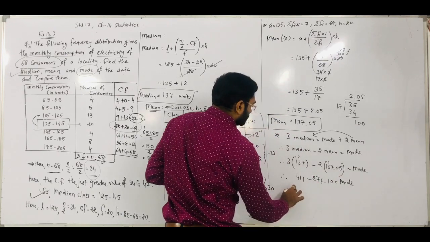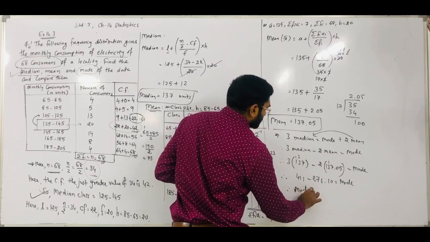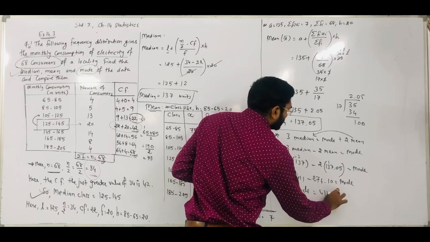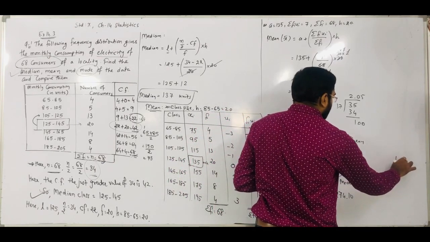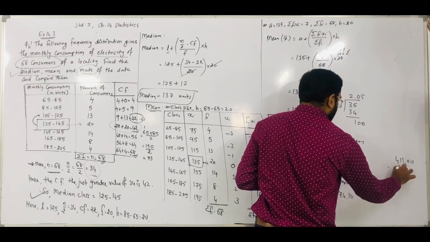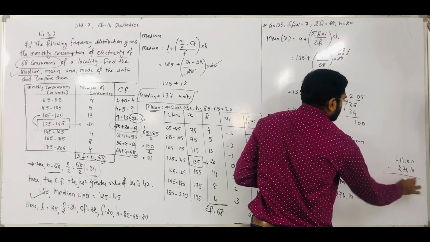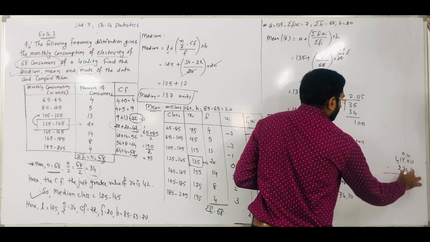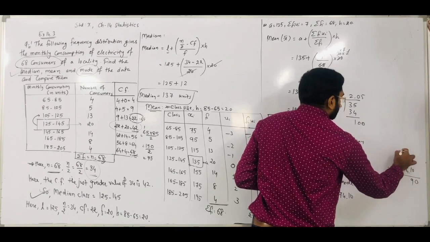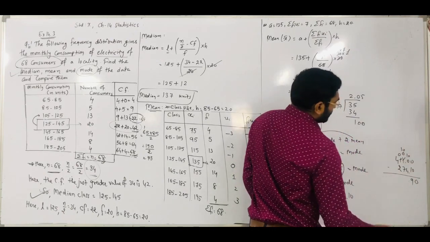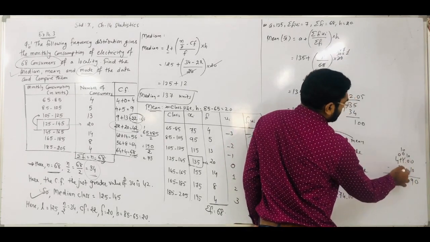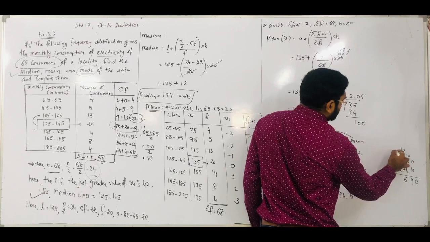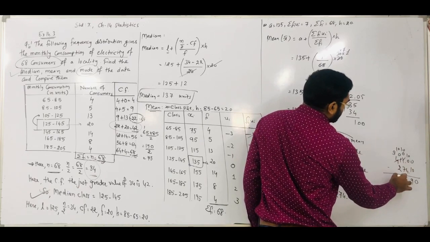So mode means what? So subtraction of 411 minus 274.10. Right. So 411 minus 274.10. Here is 0, here is 0 at 10, 9. 0 10. Right. So 10 minus 4 is 6. 0 minus 7 is not possible, so 10 minus 7 is 3.